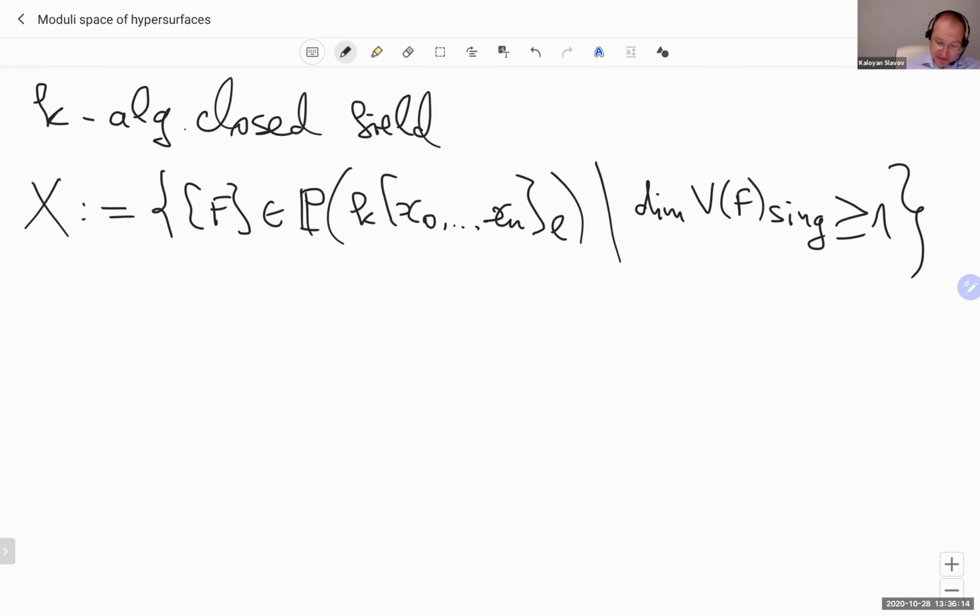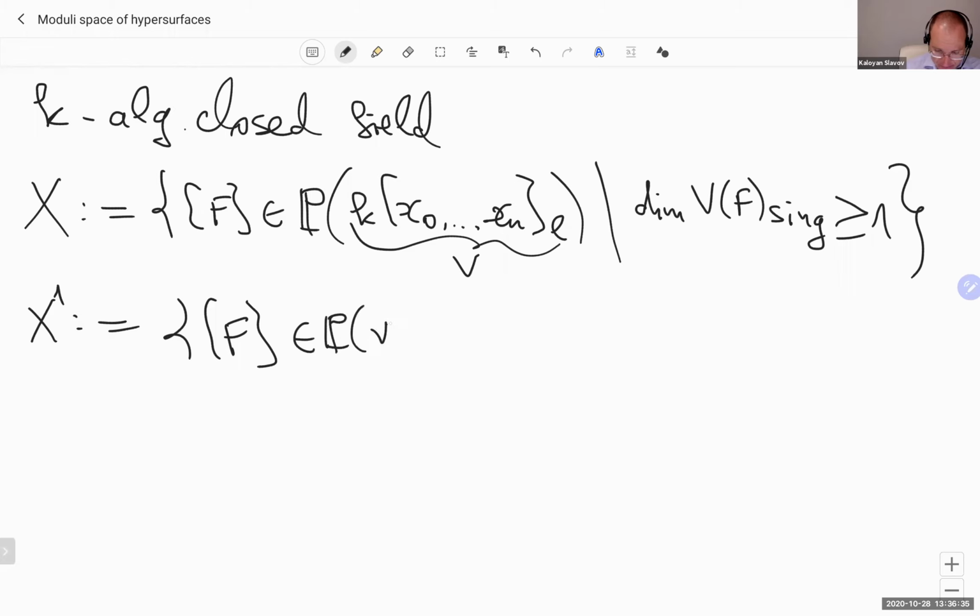Now, there is a candidate for this. So you have to build a family of hypersurfaces, each member having a singular locus of dimension at least 1. And there is a candidate, namely X1, consisting of F. Let's call this vector space V. So in P(V), in the same projective space, such that V(F) singular contains an unspecified line.